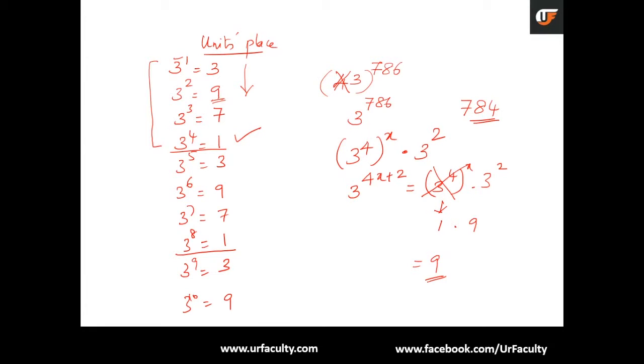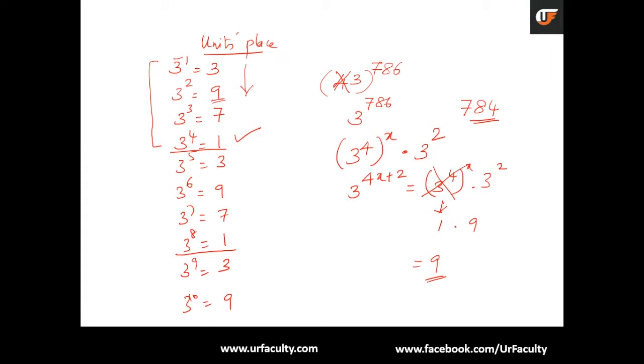What we did was, the question given to you was 43 to the power of 786. We ignored the tens place, which is basically 4 here, and reduced the expression to 3 to the power of 786. We know that powers of 3 are cyclic in nature after every 4 powers.